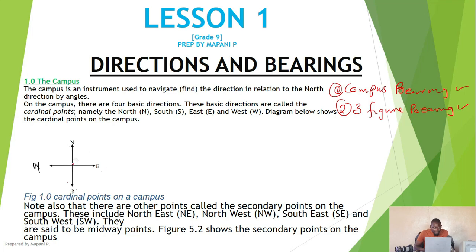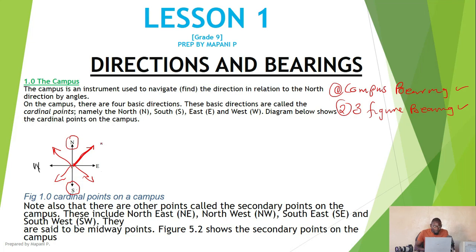Now we also have other points which are called secondary points. Like if we have a direction in between the north and the east, any direction, or any size of the angle here, this is called a secondary point. But you need to note that we always name the compass bearing using the north and the south only.